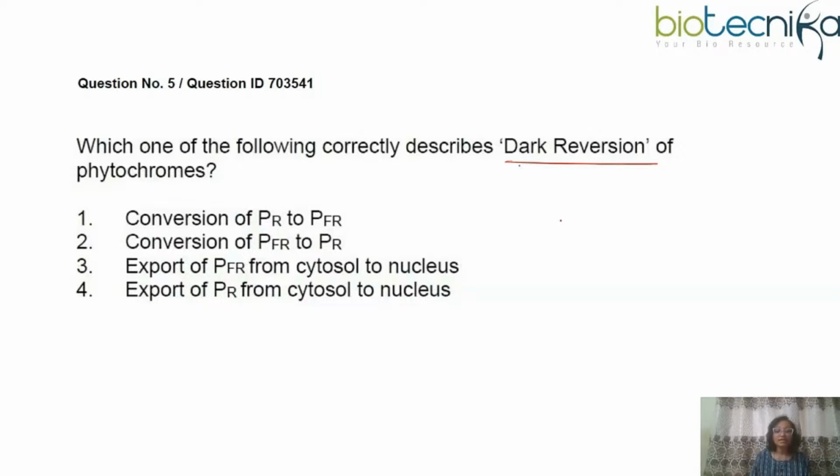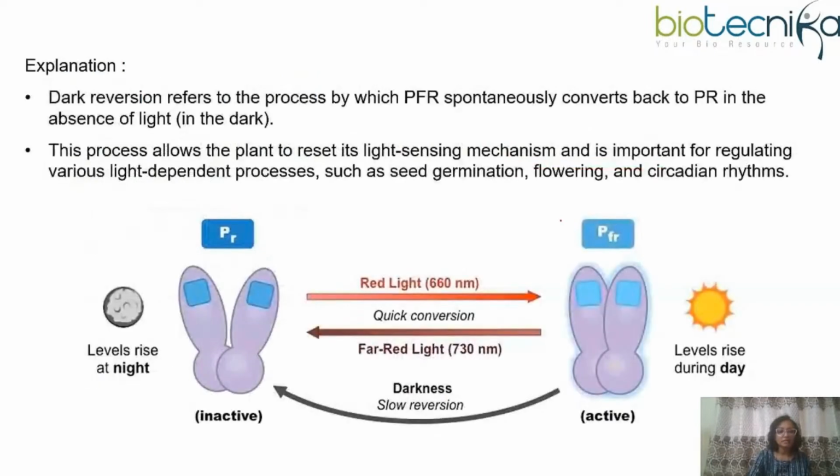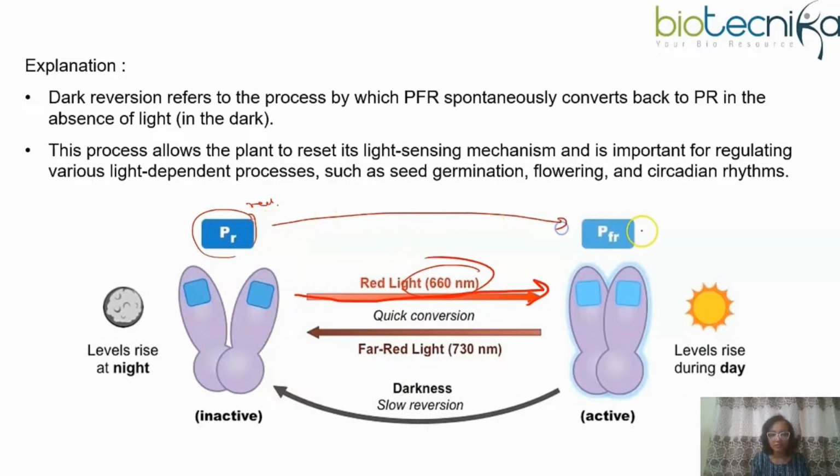But in darkness, what happens? Let me explain that with a diagram. See, this is the PR form, the form of phytochrome which absorbs red light. When it absorbs red light, which is at 660 nanometers, you can see that the PR is becoming PFR.